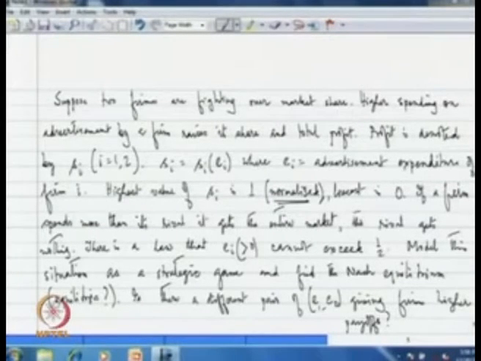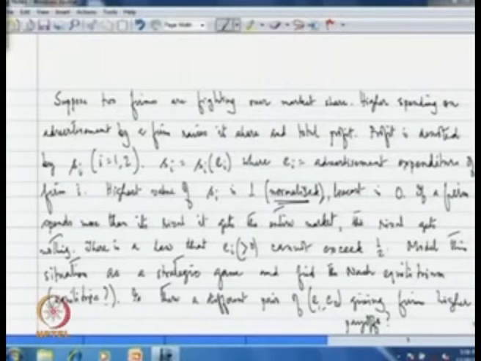If a firm spends more than its rival, it gets the entire market. The rival gets nothing. There is a law that Ei cannot exceed half and it is greater than 0. Model this situation as a strategic game and find the Nash equilibrium or equilibria. Is there a different pair of E1, E2 giving firms higher payoff?